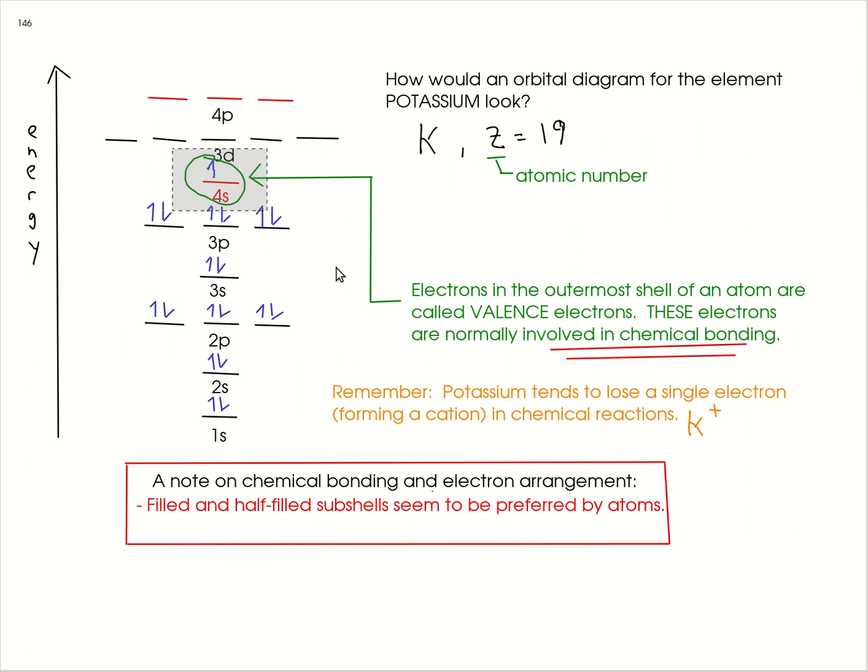So the reason it's important to be able to figure out where the electrons are in one of these diagrams is because the ones in the outer shell are going to be the important ones. And you can predict a lot about the way a chemical is going to behave, or at least an element, by looking at how many electrons it has in its outer shell. That's going to dictate what kind of bonds it can form.